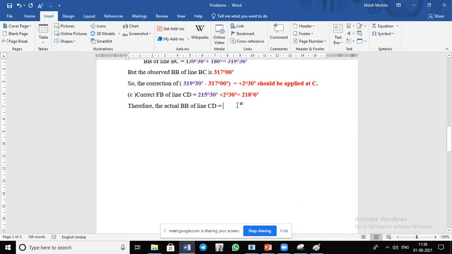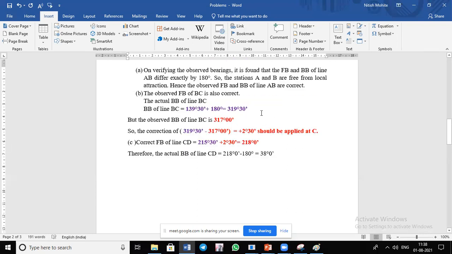Okay. So correspondingly, 218 degree 0 minutes minus 180 degree will give me the back bearing. So after deducting it, I am getting this value equal to 38 degrees. You can check it. Okay. So the value is 38 degrees 0 minutes.